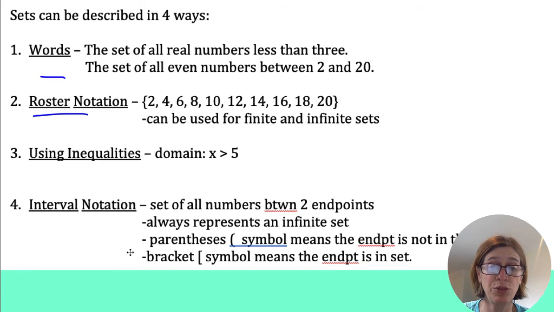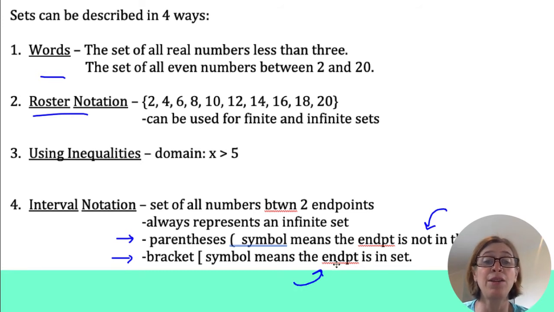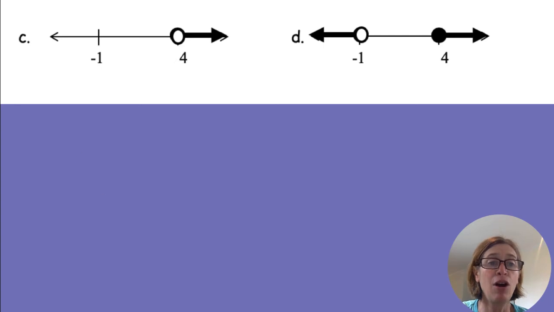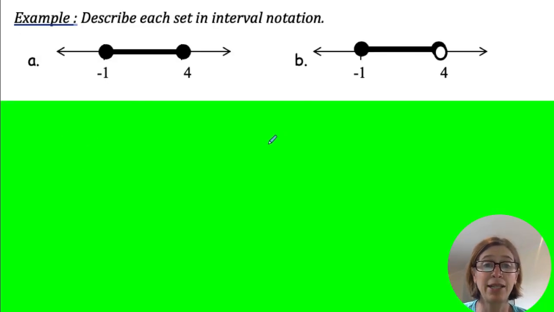With interval notation, we're going to either use parentheses or brackets. Like I said in the last video, the parentheses symbol means the endpoint is not in the set, and a bracket means the endpoint is in the set. So think of the bracket as an equal to. It equals that number, as well as every number either bigger or less than. All right, so let's take a look. Here are some graphs of inequalities.